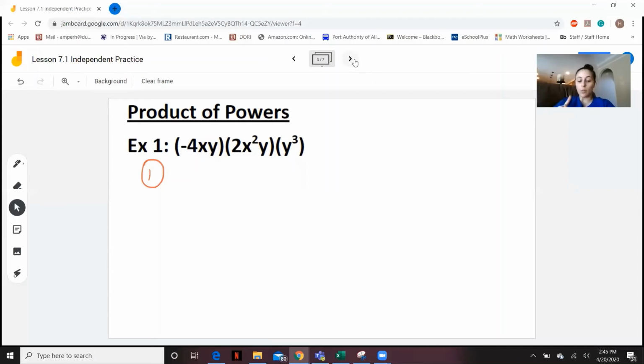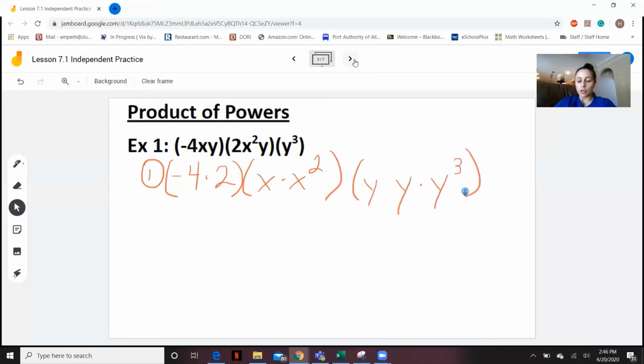You'll see why in a second. Because we're still multiplying, we want to write our -4 times our 2 times our x times our x squared times our y times our y times our y cubed.